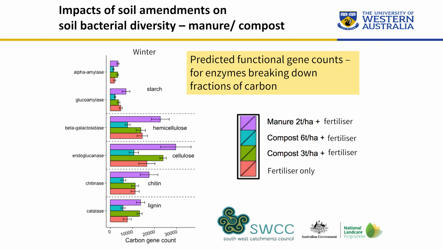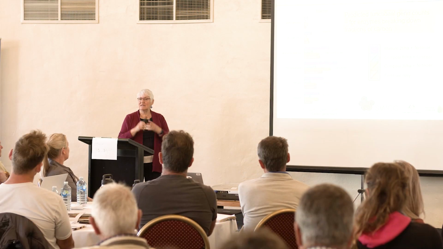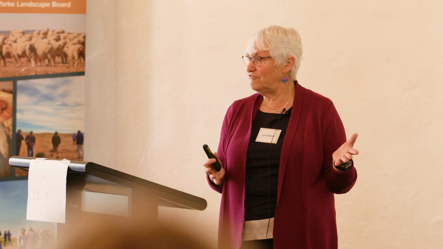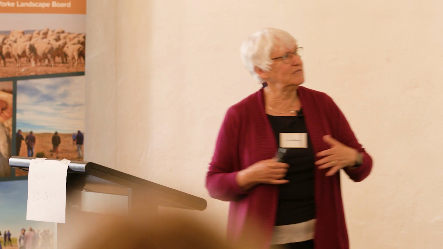And that protein might be an enzyme, and that enzyme might be involved in carbon breakdown. So the bonds in the carbon molecules, chop, chop, chop, different structures of the carbon get broken down by different enzymes. And this study is looking at the enzyme profile of the DNA of all the bacteria that are in the soil.